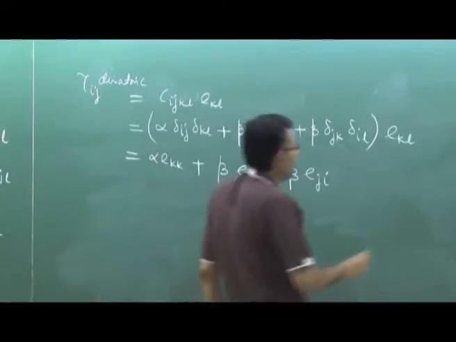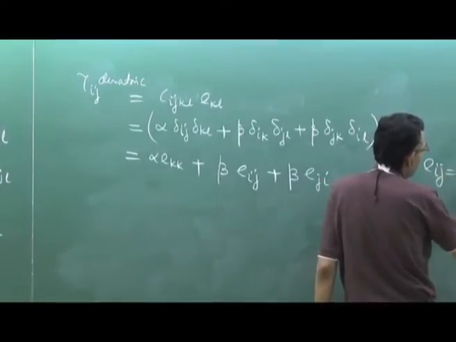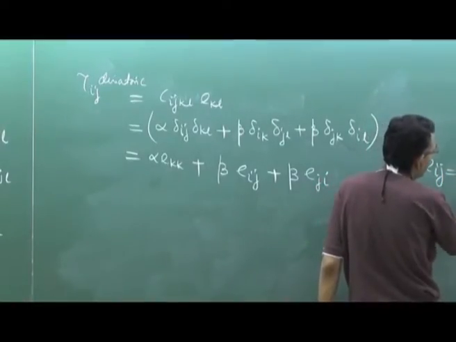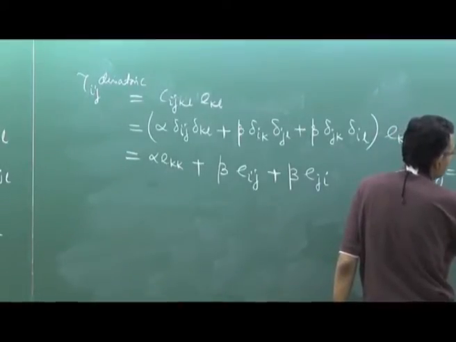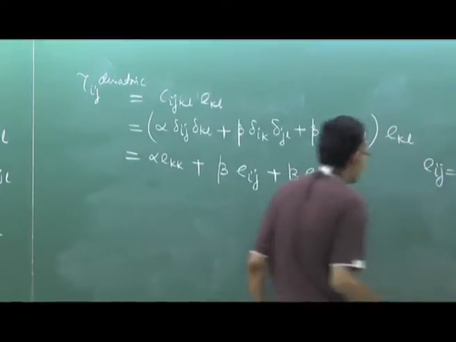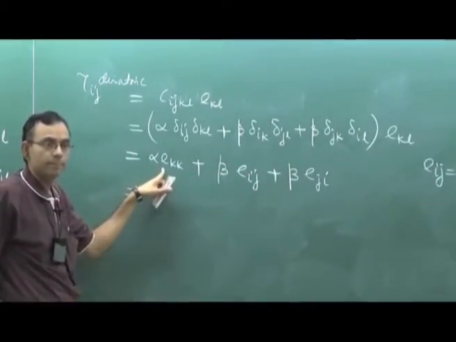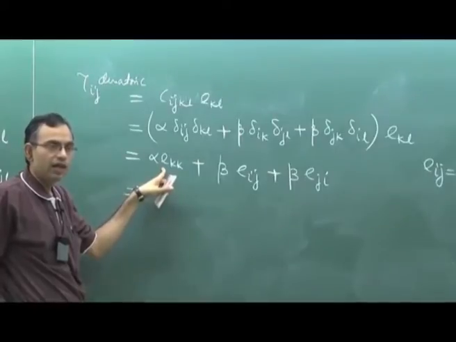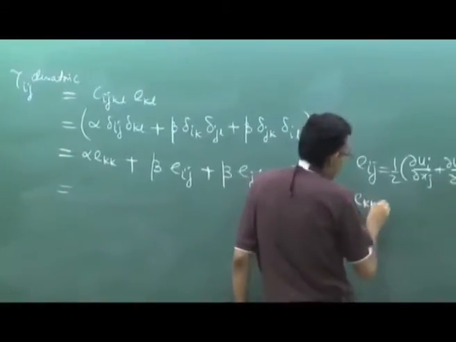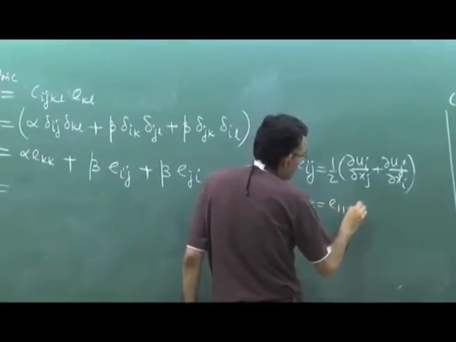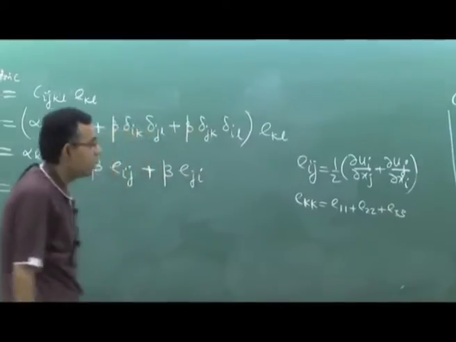So now what is Eij? Eij we have defined as half del Ui del xj plus del Uj del xi. So what is Ekk? Ekk is E11 plus E22 plus E33, right?